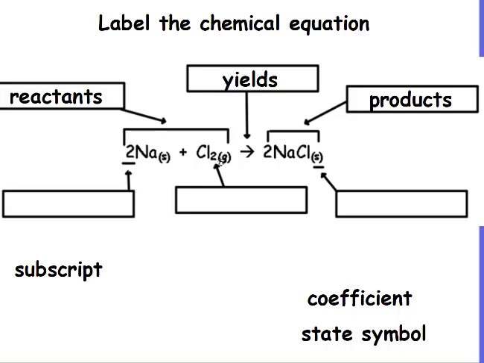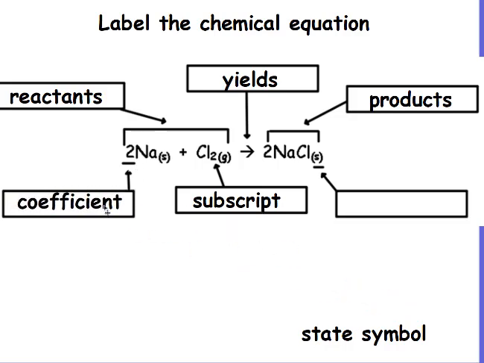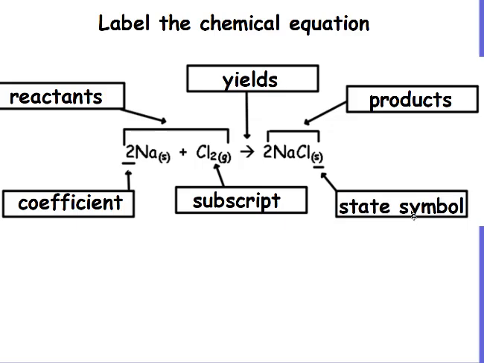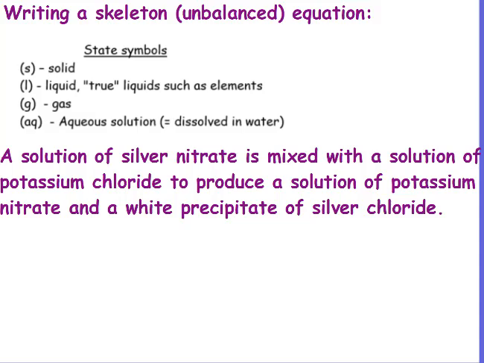The little number on the bottom is subscripts. We've been using subscripts. But the two new ones, when we have a number in front, that's going to be called a coefficient. We're going to see more on coefficients tomorrow. And then state symbols are the little letters on the bottom. Those state symbols are going to tell us what state of matter we have. So S is solid.